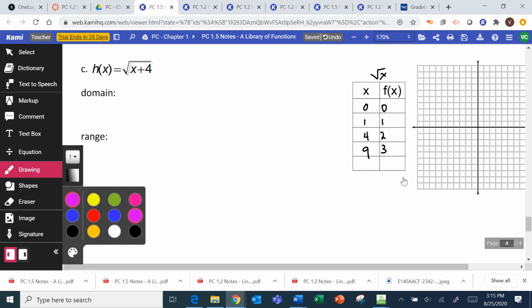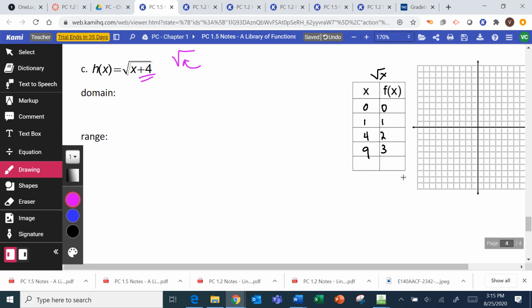Now, when we talk about using transformations, the square root is the parent function, and this plus 4 is under the square root. It is part of that function. So anything that's part of the function, anything that's under the square root, will be horizontal.